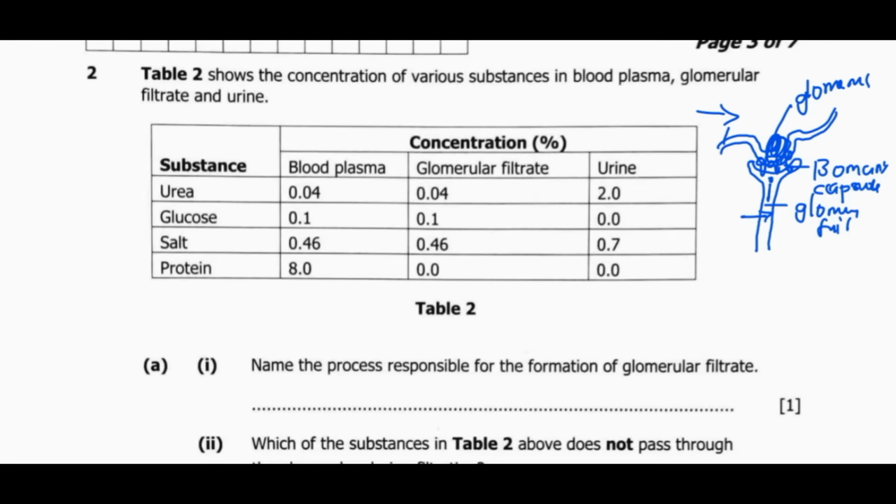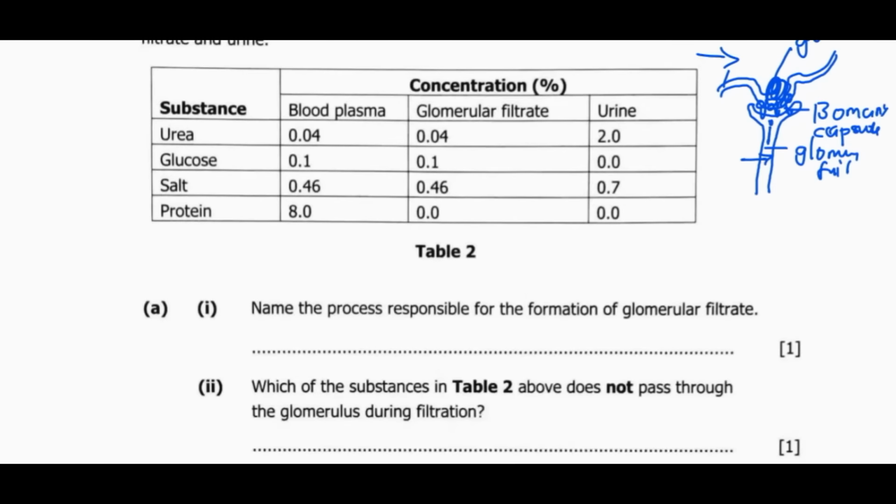Now let's look at the first question. Question A, Roman numeral 1. Name the process responsible for the formation of glomerular filtrate. So what process is this? This is known as pressure filtration.